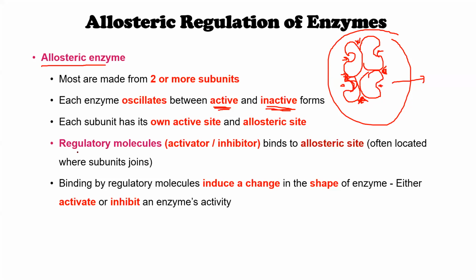There are 2 types of regulatory molecules, activators and inhibitors, that bind to the allosteric sites. Binding by a regulatory molecule will cause the enzyme to change shape, either into the active form or the inactive form. The active form activates the enzyme; the inactive form will inhibit the enzyme activity.